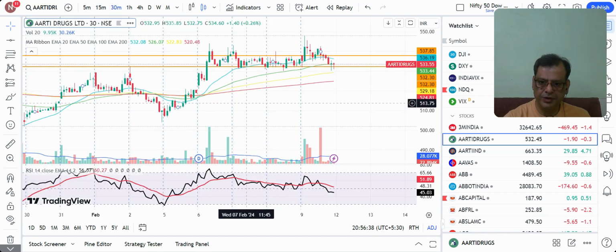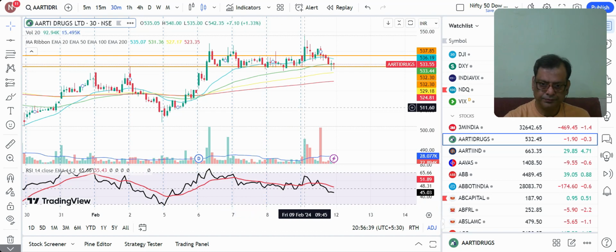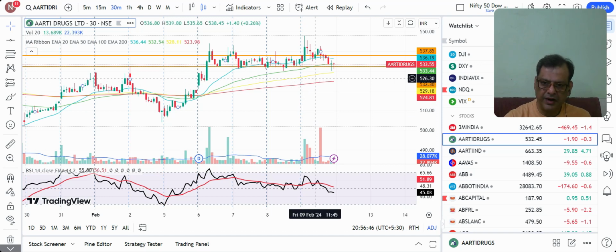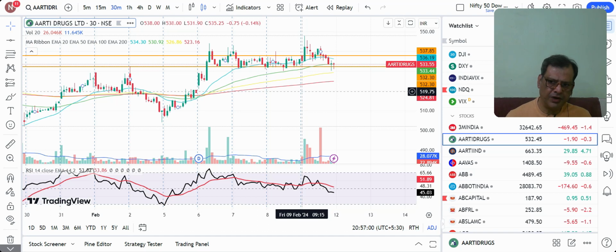Your stop loss is going to be 531.85, because this is the low that we marked in the 30-minute candle. So you are giving another 5 paisa breathing room, 531.80. That is good enough.